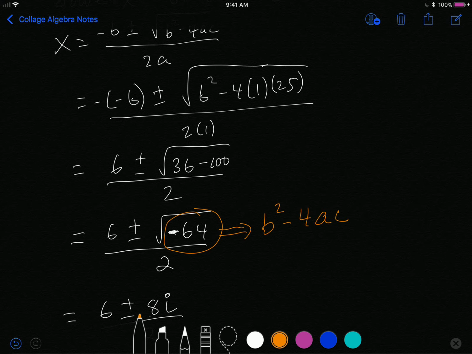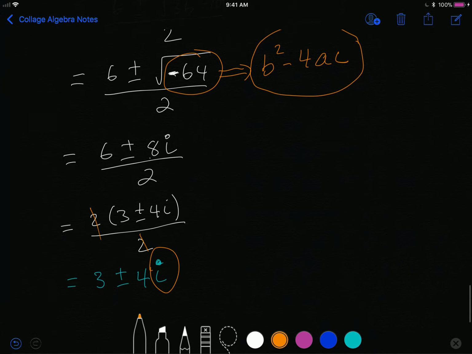If this was not negative, I would get no complex solutions. And so because of that, we call this b squared minus 4ac the discriminant. It discriminates among solutions. It tells us if our answer is going to be complex or not. If it's a negative number, it's complex. If it's not a negative number, then we only have real solutions.